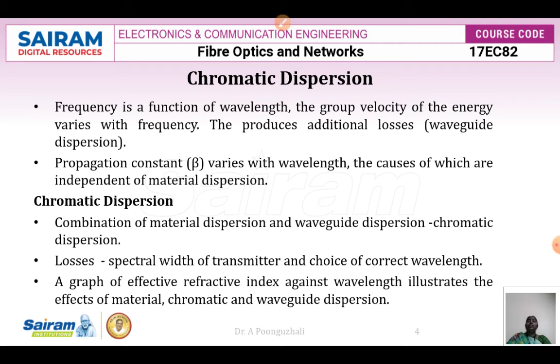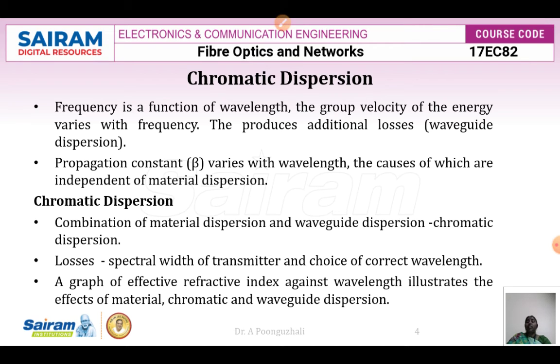In chromatic dispersion, as I said, the frequency is related to the wavelength, and the group velocity of the energy propagating inside the fiber is going to vary with respect to frequency. When it varies with frequency, it provides additional losses along with waveguide dispersion.